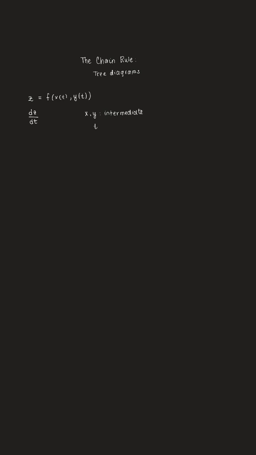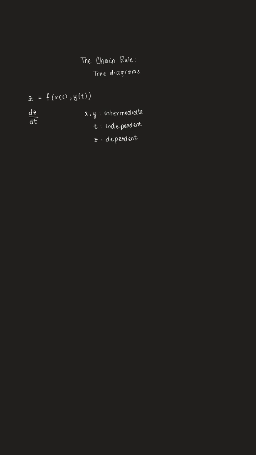So t is our independent variable, z is our dependent variable, and x and y are kind of in the middle, facilitating the chain between z and t.